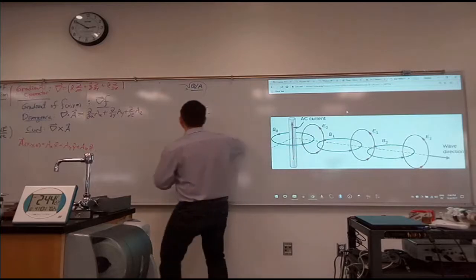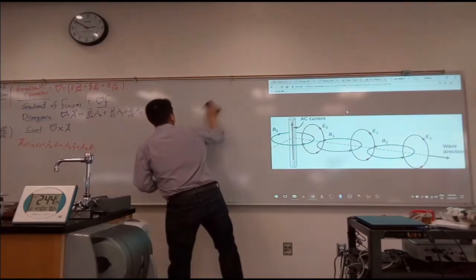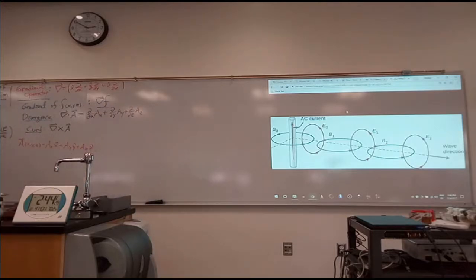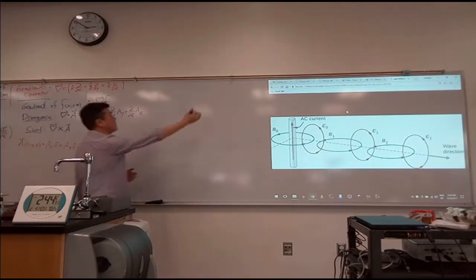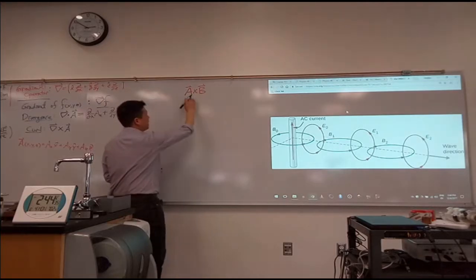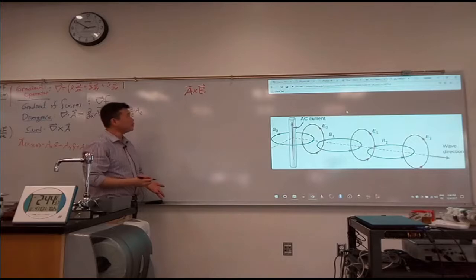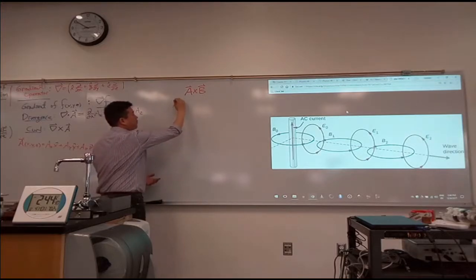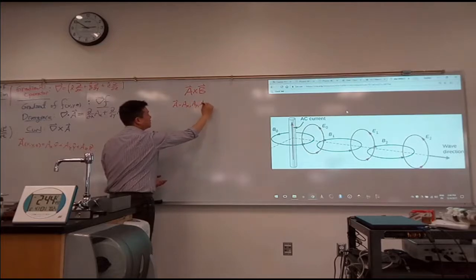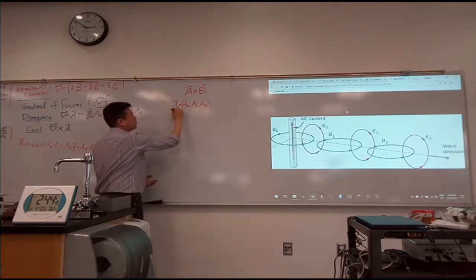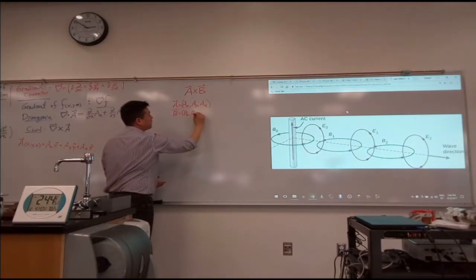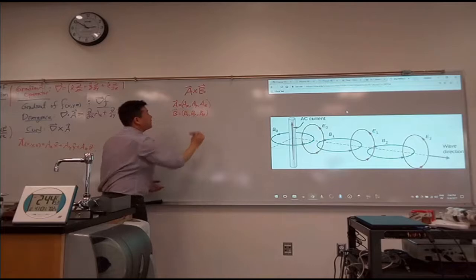This is how you can memorize the cross product A cross B. And this is really the simplest way to memorize a cross product. A has components Ax, Ay, Az, and B has components Bx, By, Bz.